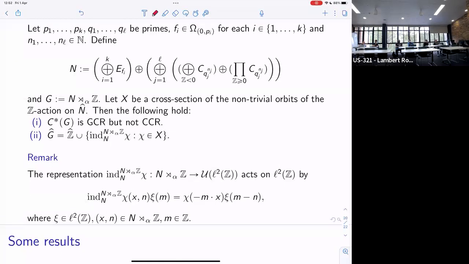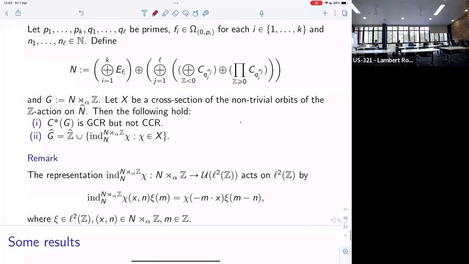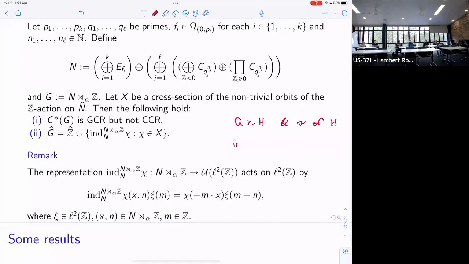So in general, if we have a group G and an open subgroup H of our group G, and a representation pi of H, then the induced representation of pi from H to G acts on the Hilbert space L2 of G by H.